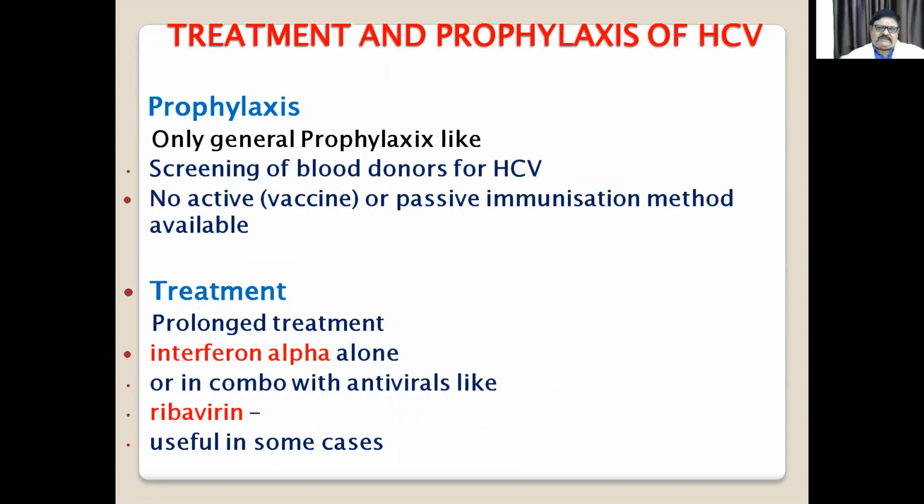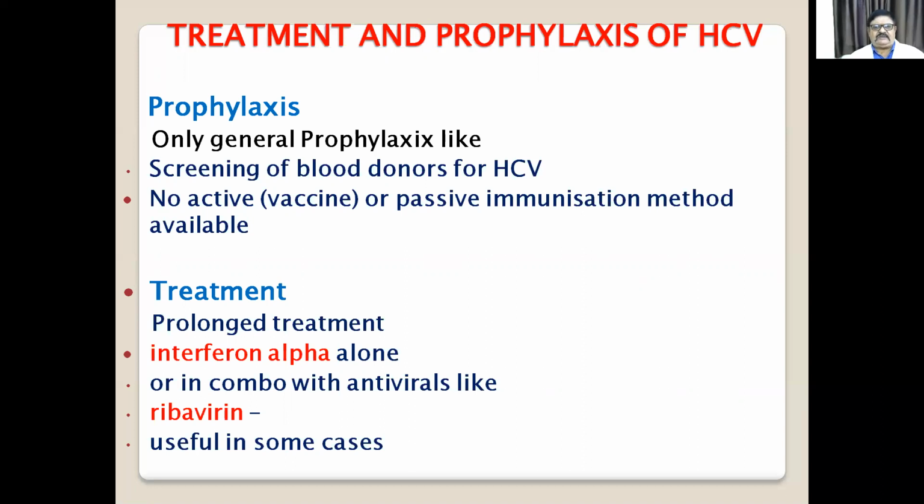Coming to treatment and the prophylaxis, general prophylaxis you should take. Screening of blood donors for HCV is important, and no active vaccine or passive immunization is available. So, better be careful while you are administering the blood.